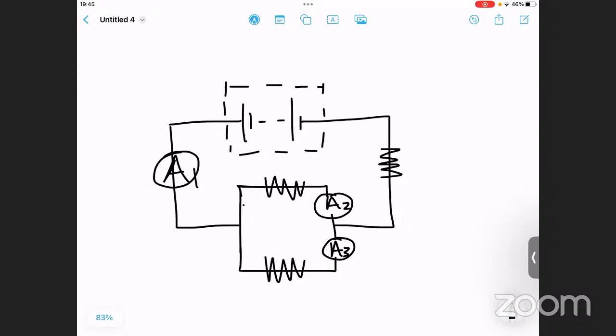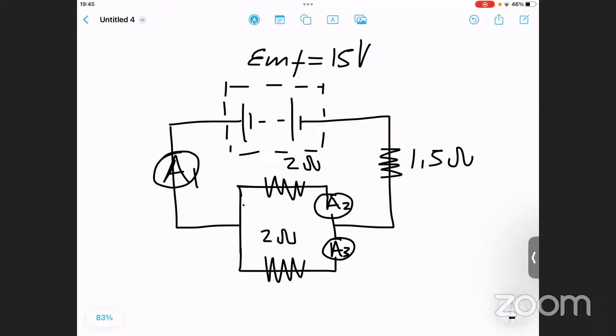So maybe on this one, let's say the EMF is equal to 15 volts, and then you've got 1,5 ohm there. You have 2 ohms there, you have 2 ohms there, and then you've got small r there.